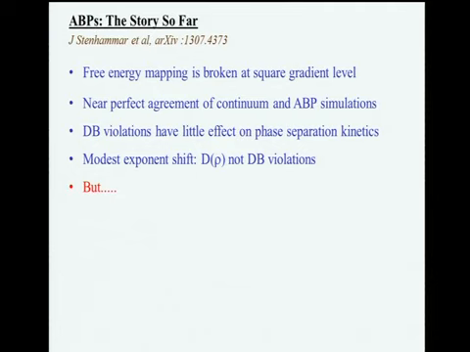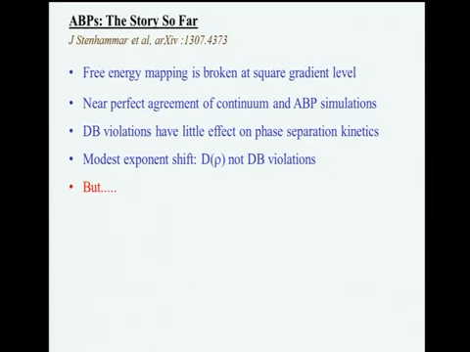The square gradient terms break it again. If you take that path through to this rather specific square gradient theory with the V of rho setting the specific f, you get very good agreement between the two sets, between the continuum and ABP, at least much better than I was expecting.